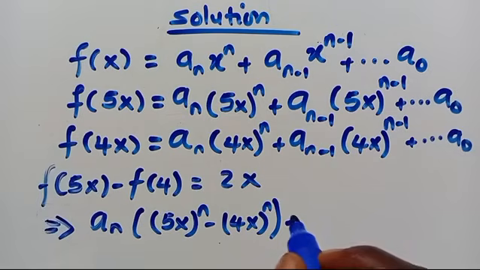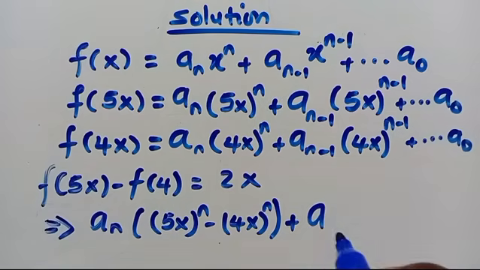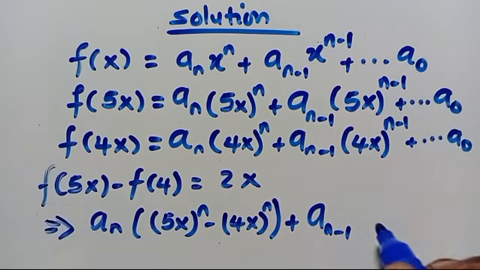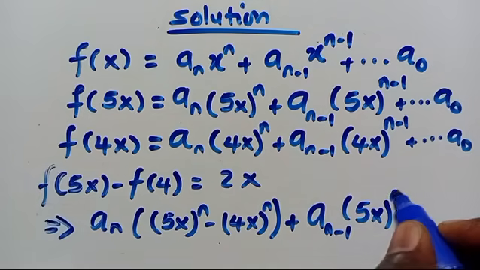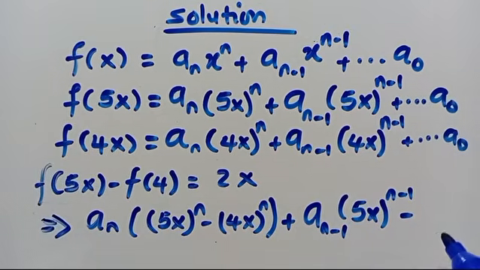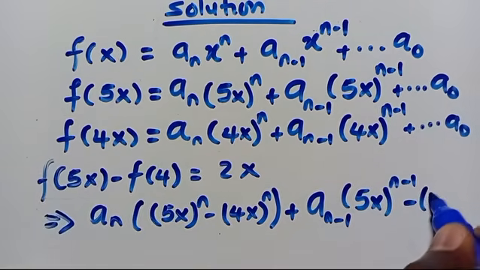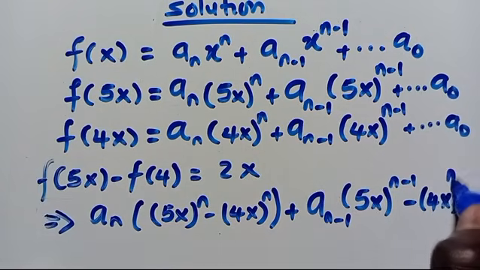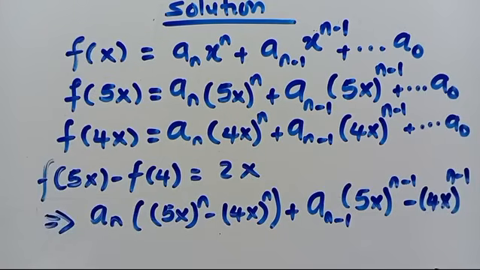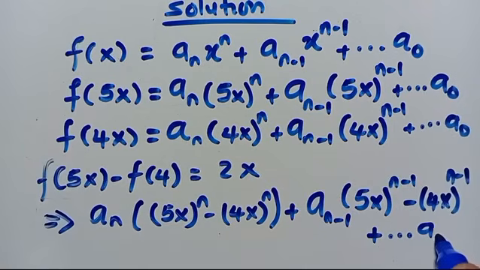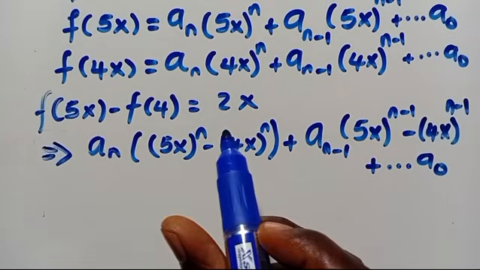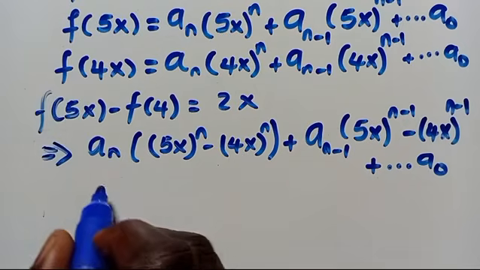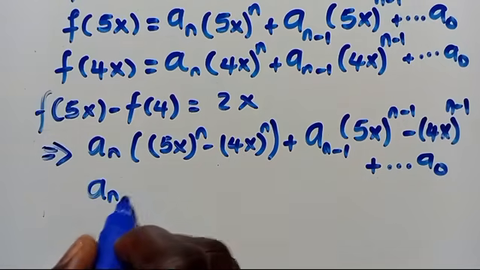Then plus this a_(n-1), so we are going to have this (5x) to the power of n minus 1 minus (4x) to the power of n minus 1. So plus dot dot till we have a naught. Then we are given this side to be equal to 2x.